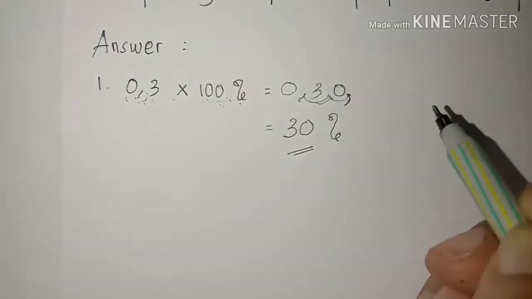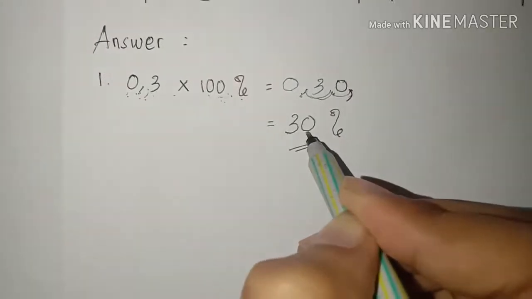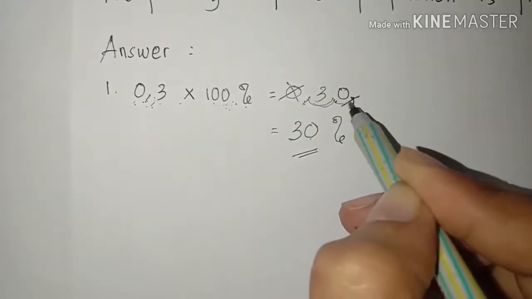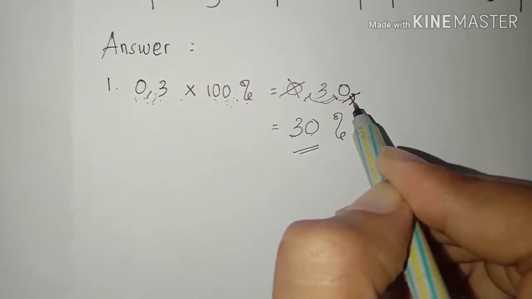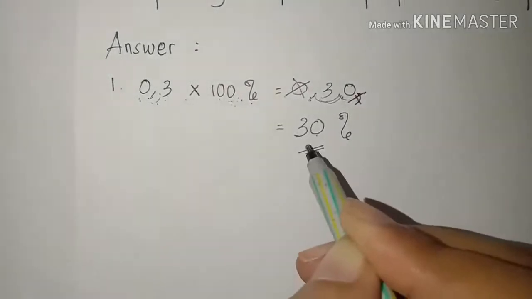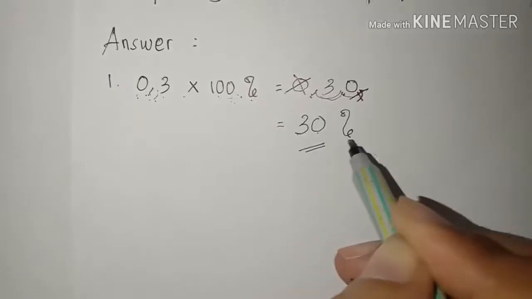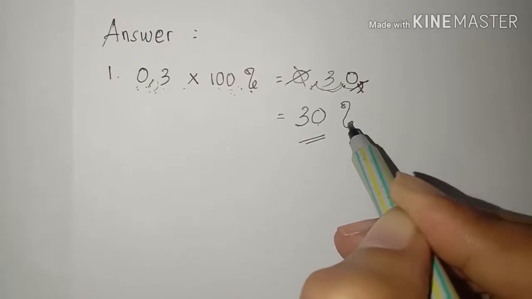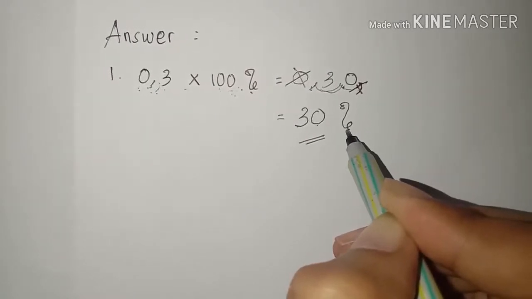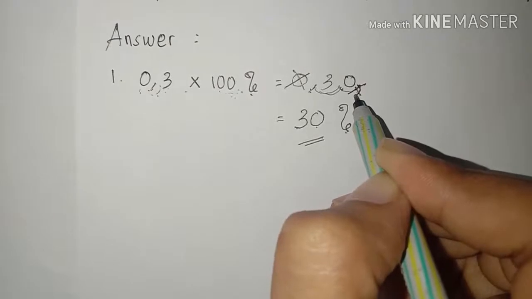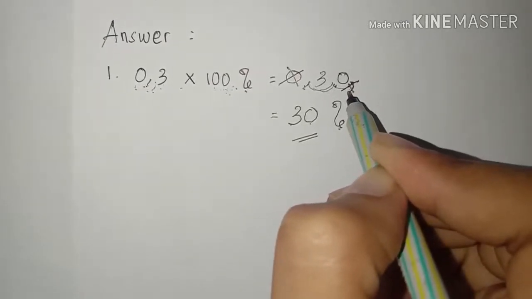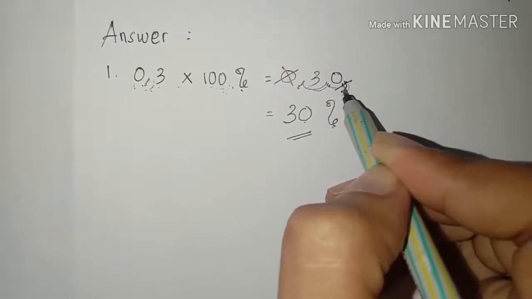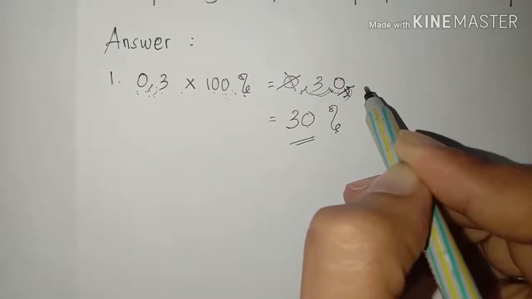So we can write 30 without the point. So we can write 30%. The percent sign is still right behind the number. The point does not need to be written because behind the point there is no number.